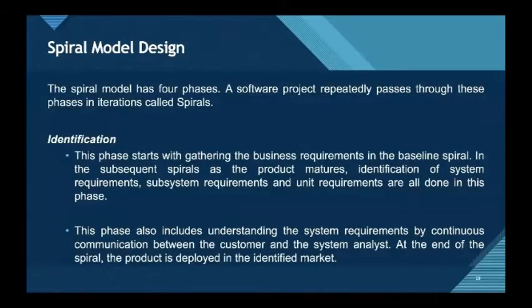In the subsequent spirals, as the product matures, identification of system requirements, subsystem requirements, and unit requirements are all done in this phase. This phase also includes understanding the system requirements by continuous communication between the customer and the system analyst. At the end of the spiral, the product is deployed in the identified market.